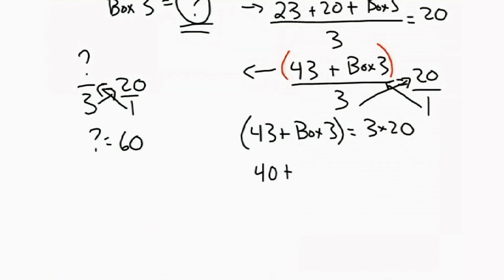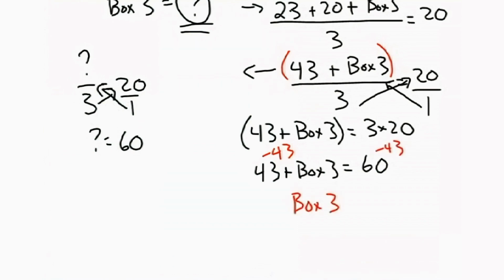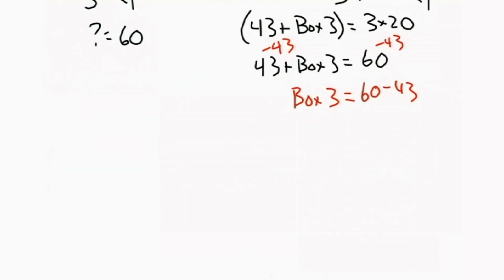So now I can remove my brackets, and I have 43 plus box 3, and 3 times 20 is equal to 60. And now I just solved the equation by subtracting 43 from each side, and when I subtract 43 from each side, I get box 3 is equal to 60 minus 43, or box 3 is equal to 17.